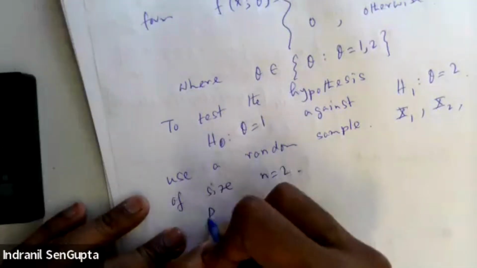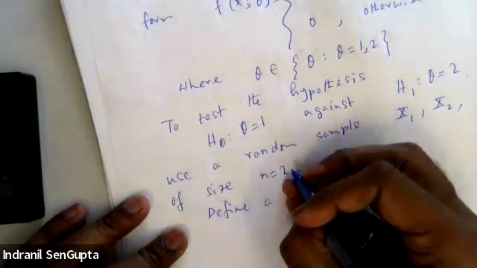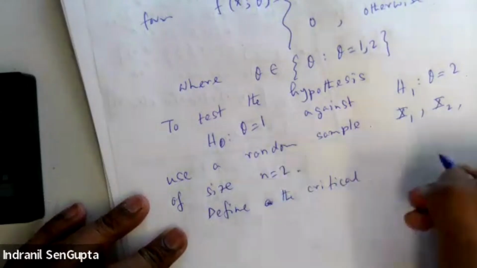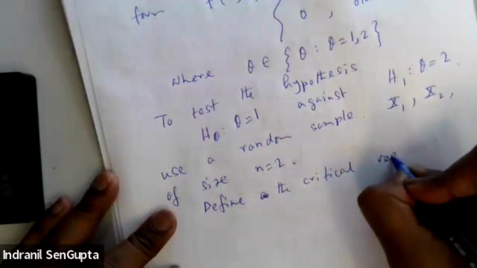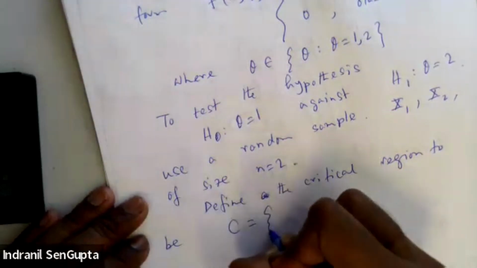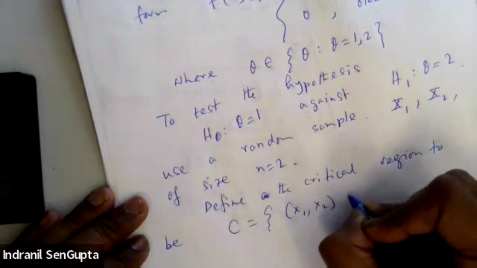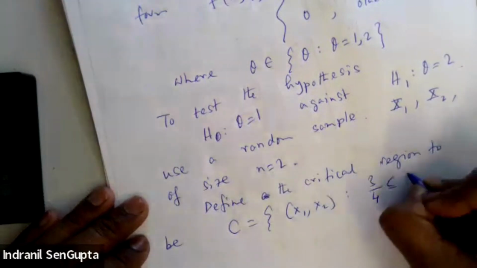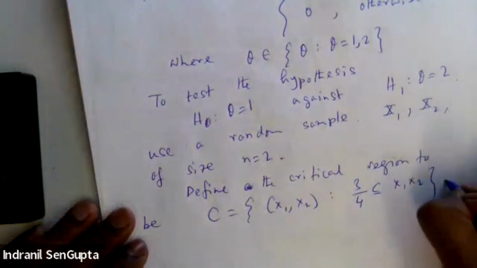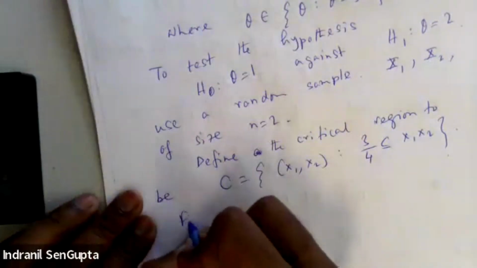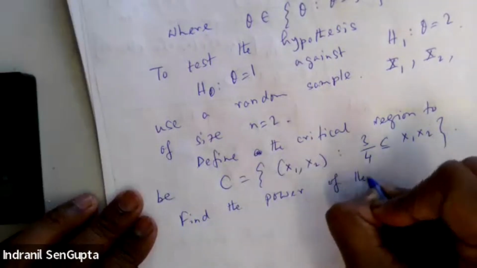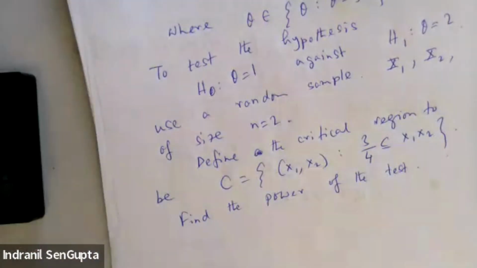Define the critical region for this test to be, for some reason, say C is the set of x1, x2 such that 3/4 is less than x1 times x2. Suppose we are defining this critical region for some reason this way. The question is, find the power of the test.